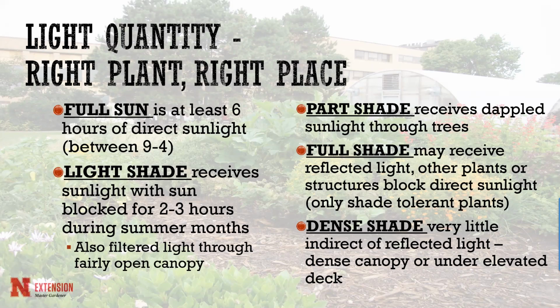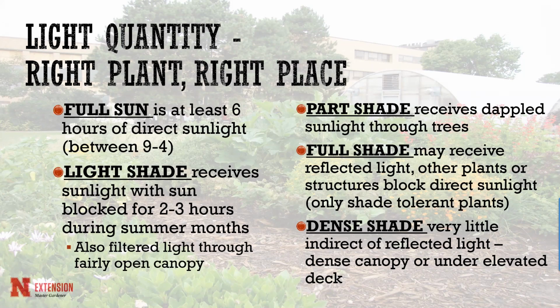Full shade may receive some reflected light from either plants or other structures, but is pretty much blocked. Really only shade tolerant plants under full shade. And then dense shade is very little indirect or reflected light at all.